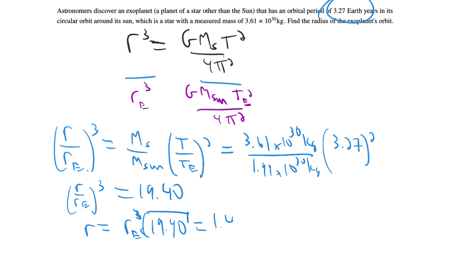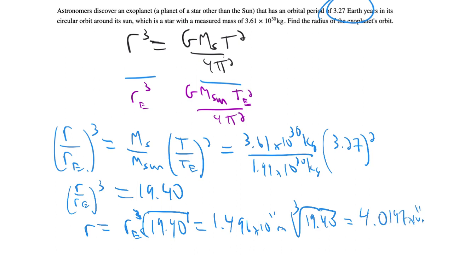This is 1.496 times 10 to the 11 meters times the cube root of 19.40, which turns out to be this value, 4.0197 times 10 to the 11 meters, which is, when we get to the right number of sig figs again, 4.02 times 10 to the 11 meters. So that's an alternate way to do it.